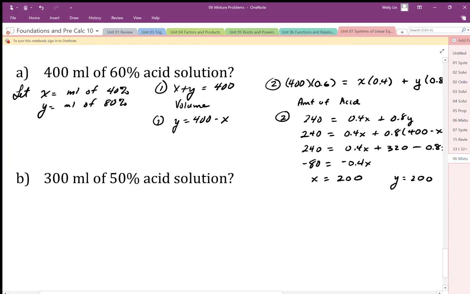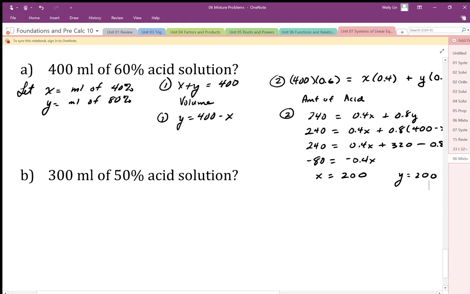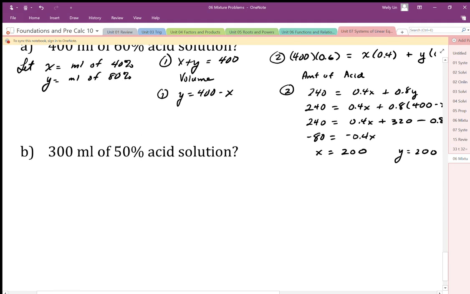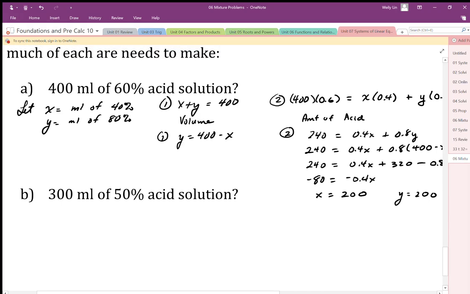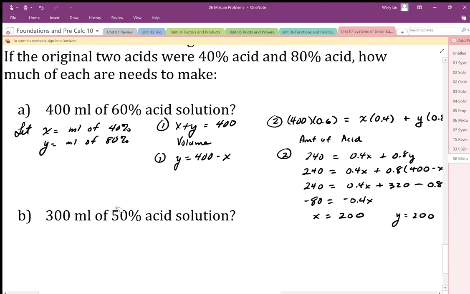So we can use the same strategy to solve the other one. I'll do the same thing here, but now this is slightly different because we want to make a 50% acid solution. That means we need a little bit more of the 40% compared to the 80%. But we're going to set it up the same way.